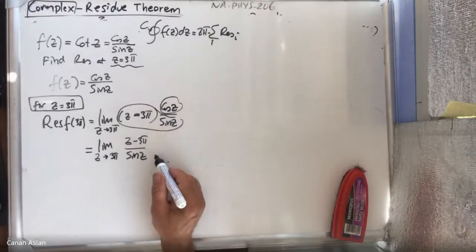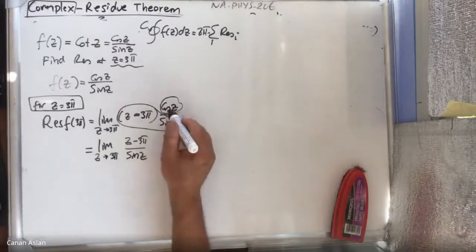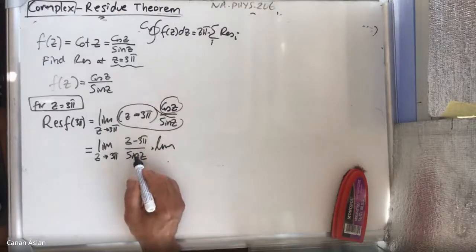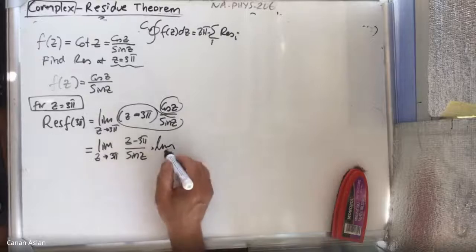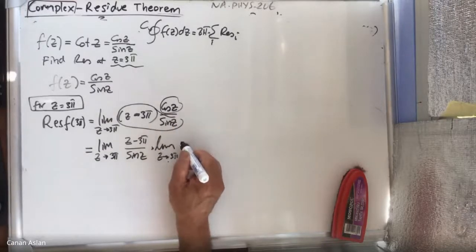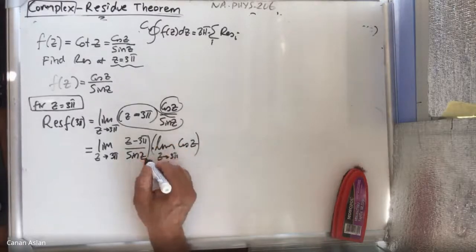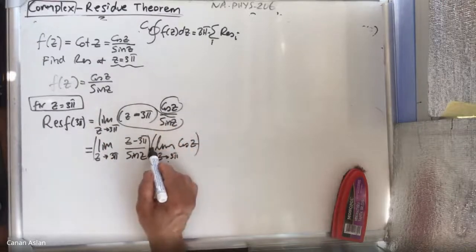So now let's consider the limit times this limit, so the problematic part is removed from this part. And this limit as z approaches 3 pi of cosine z, we can calculate, because the limit of the product is the product of the limits.